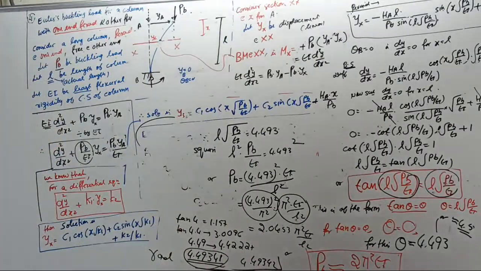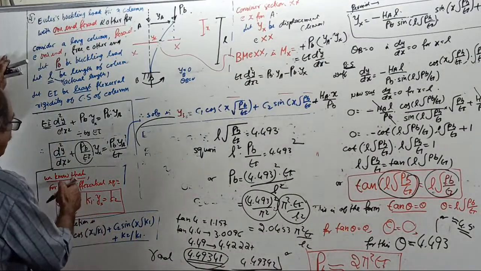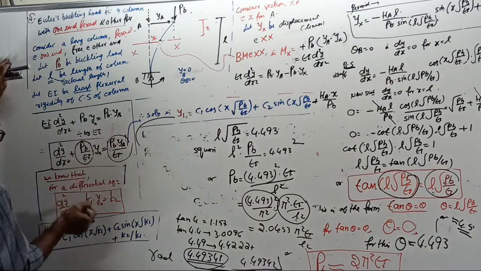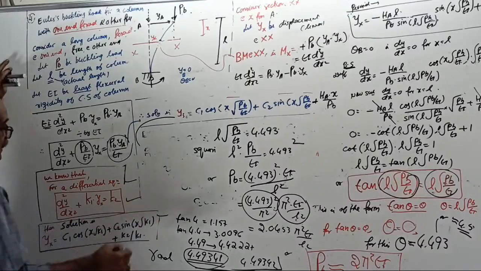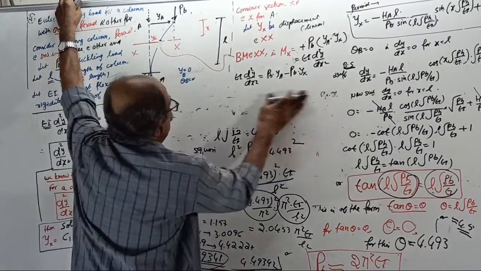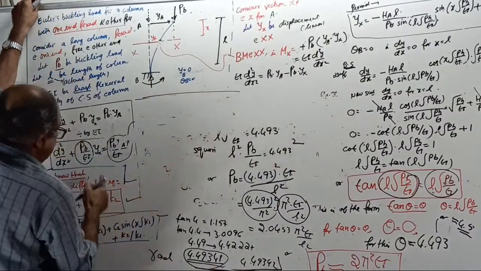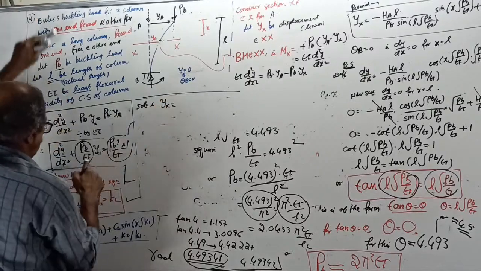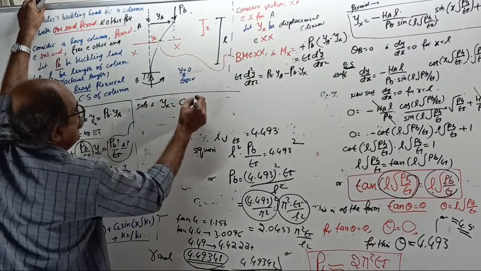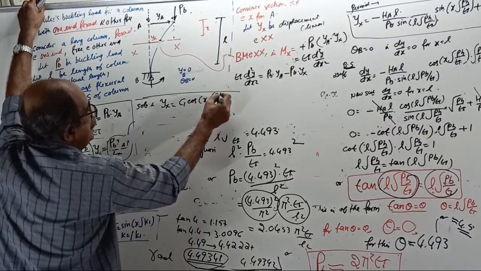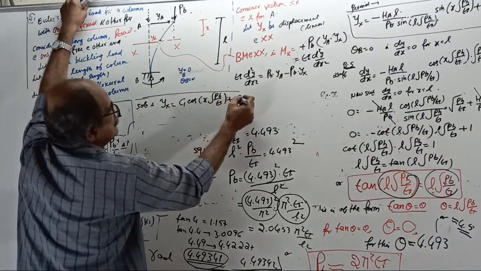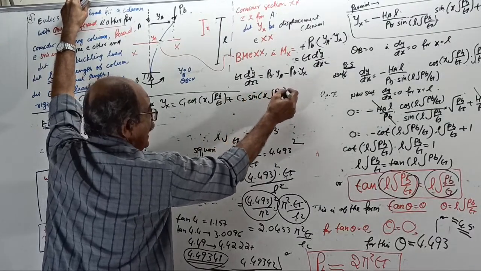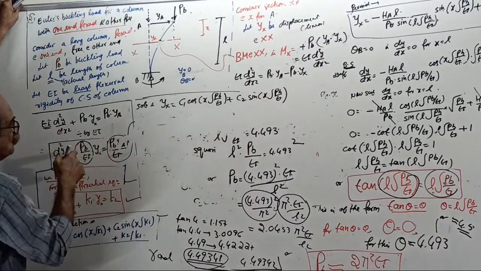Okay. Now, divide throughout by EI. What do you get? This equation. Now, this is your K1, this is your K2. Now, same story, write once again. Differential equation. Therefore, your solution is what? For this differential equation, the solution is YX equal to C1 cos of X root PB by EI plus C2 sin X root PB by EI, same story, plus K2 by K1.